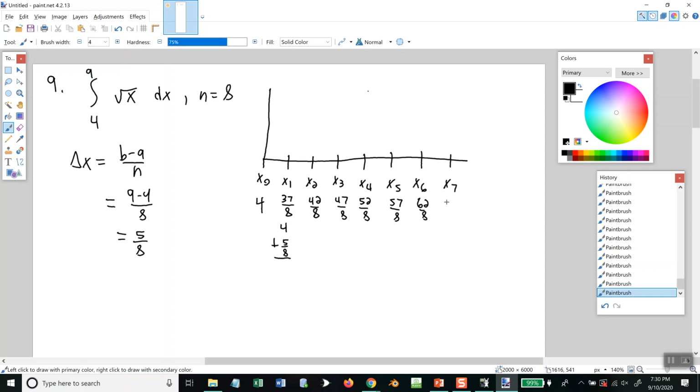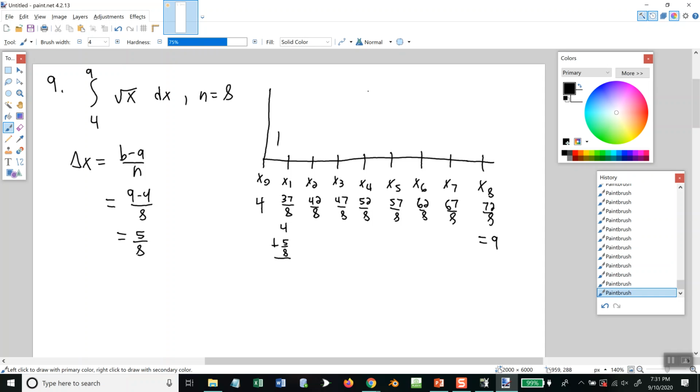Add another 5, that gives me 67/8. Add another 5, that gives me 72/8, which simplifies to 9, which is where I wanted to end up. I wanted to end up at 9, didn't I?